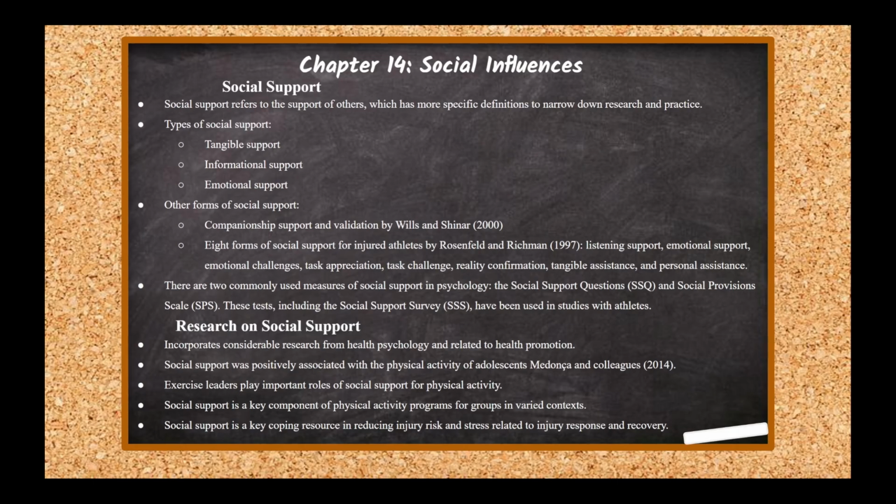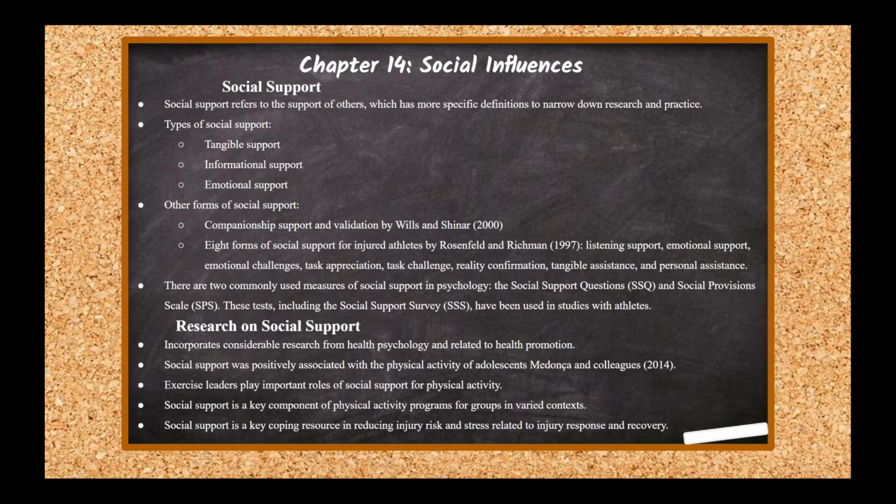Now, social support, which refers to the support of others, which has more specific definitions to narrow down for research and practice. Types of social support include tangible, informational, and emotional support.